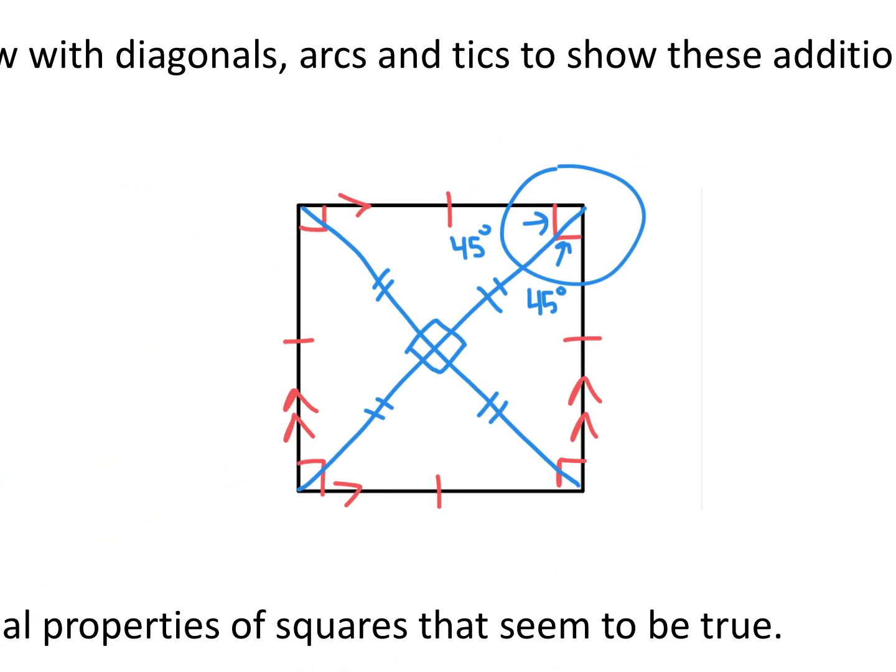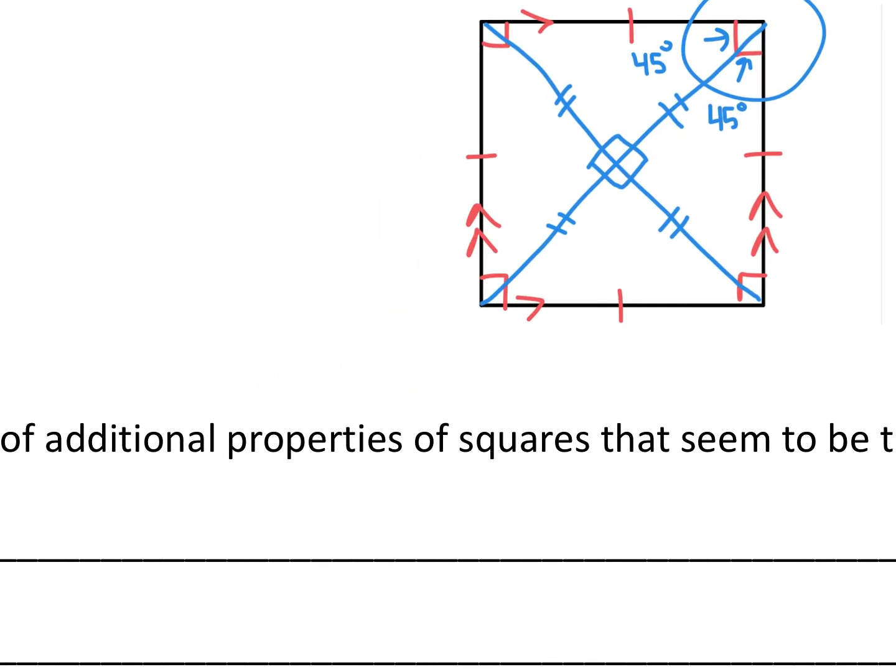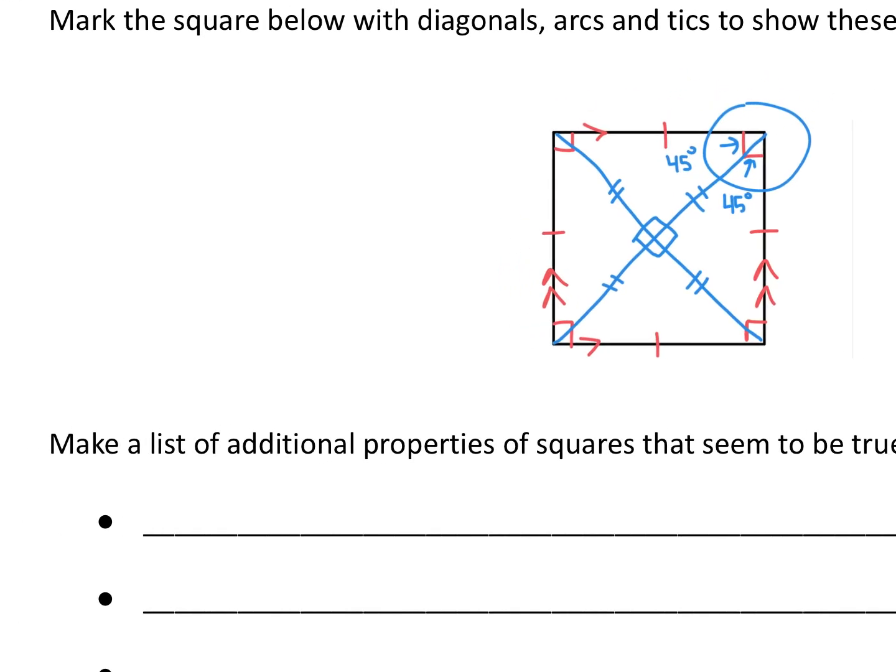All right, let's go ahead and start listing all our properties for a square. So the first one we always list for any of them is opposite sides are parallel. Opposite sides are parallel.